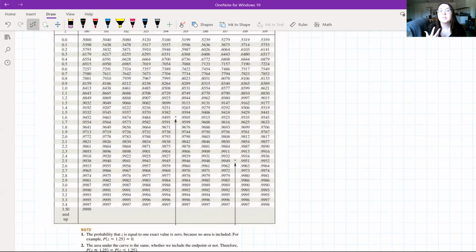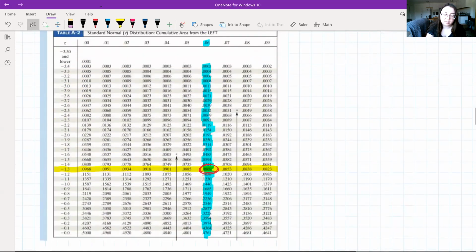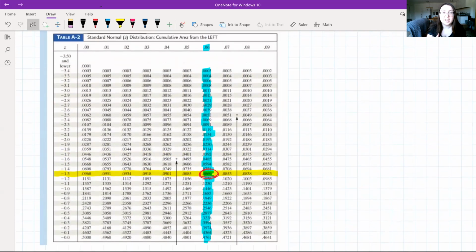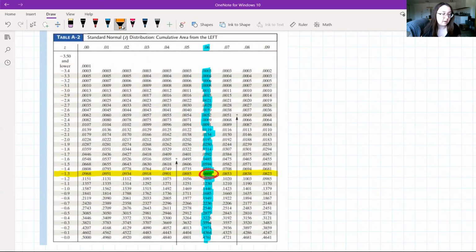So if we're looking for 0.025, we're really looking for a negative z-score because it's a pretty small number. Now we can use some different colors here. Let's pick orange first. Let's find 0.025.